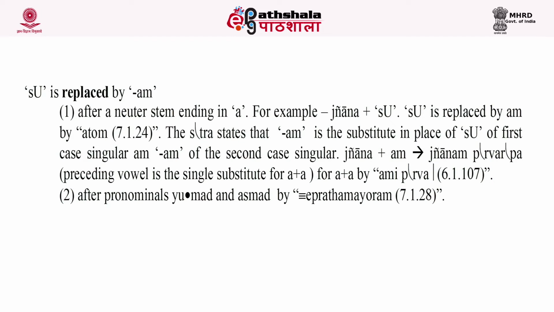Now purva rupa single substitute for a of tva and a of ad, and a of aha and a of ad, by Ato gune 6-1-97. Tvad plus am, ahad plus am. Now da of tvad and ahad is dropped by Shelupa 7-2-90. Now we have tva am, aha am. Purva rupa single substitute of a and a. So tvam and aham by 6-1-107 we get the forms tvam, you, and aham, I.